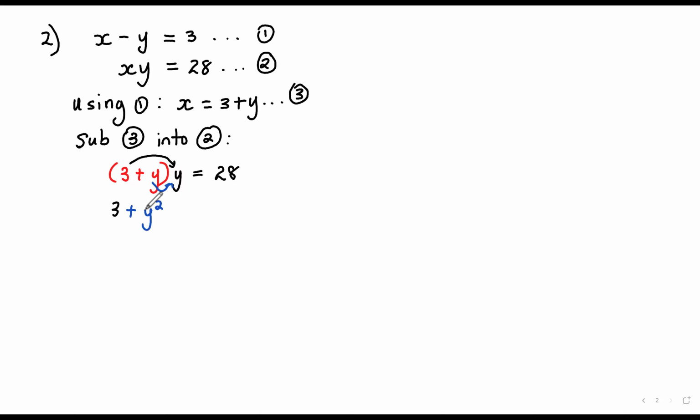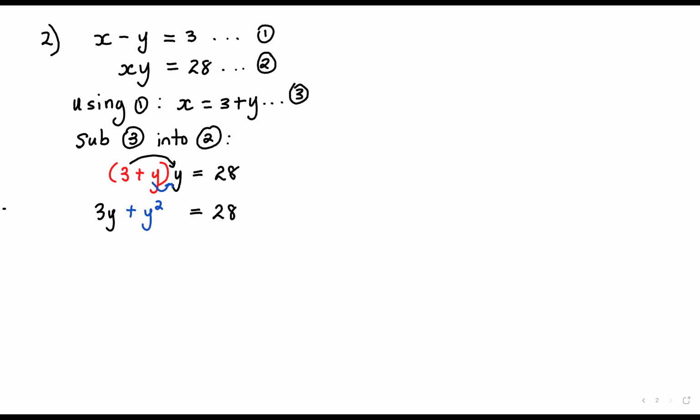Now, guys, the variable that we're working with here is y. Oops, sorry, I was supposed to write 3y here. I'm sorry about that. This should have been 3y. 3 times y gives me 3y, and then y times y is y squared. So, as you can see, the highest power of the variable, I know before we were just saying x, but it really has to do with the variable. The highest power of y here is 2, so it makes this equation a quadratic.